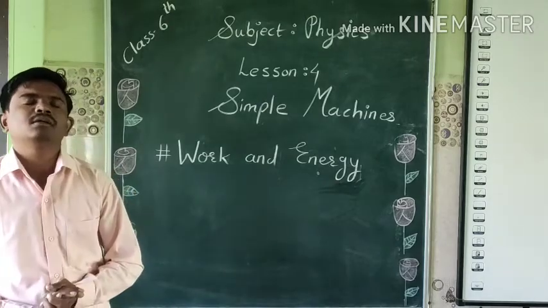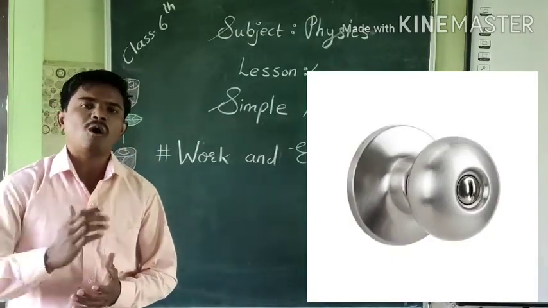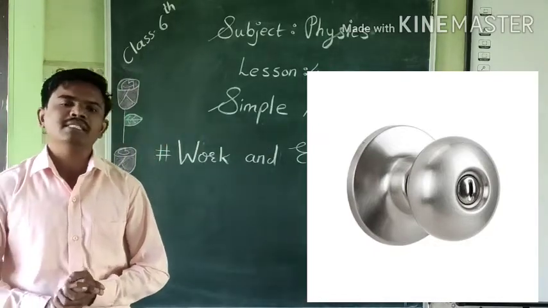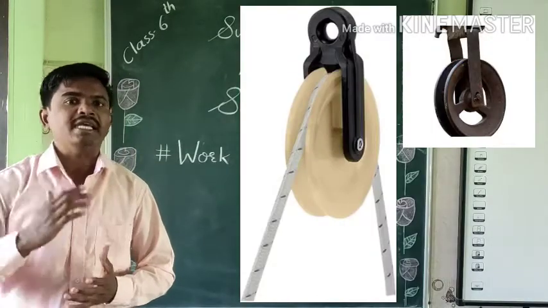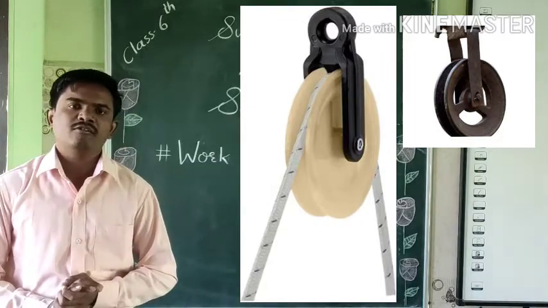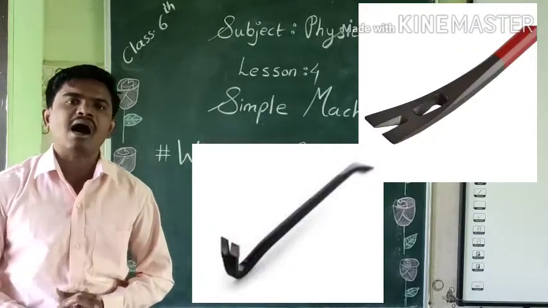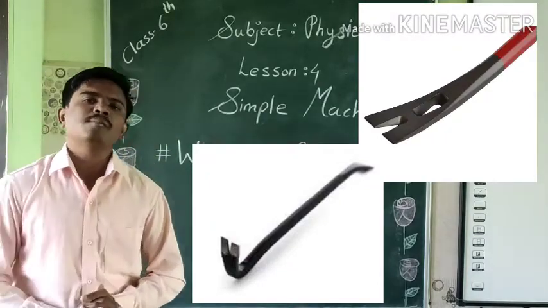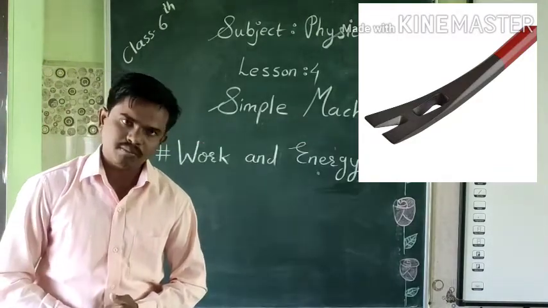Another example: a door knob is used to lock or unlock the door. So here the door knob is a simple machine. A pulley is used to pull a bucket of water from a well. Another example: an iron bar is used to shift a heavy stone by pushing it. So here the iron bar is a simple machine.